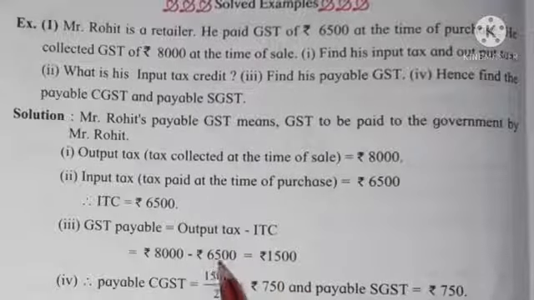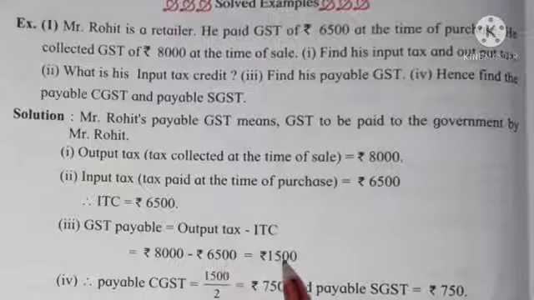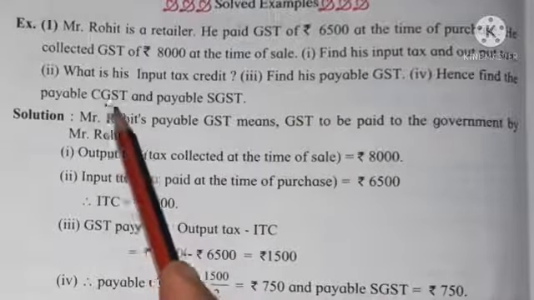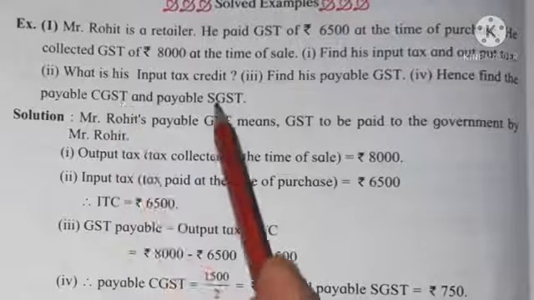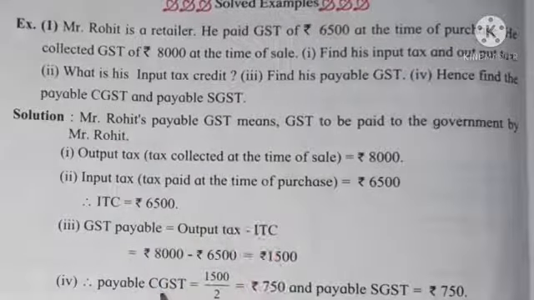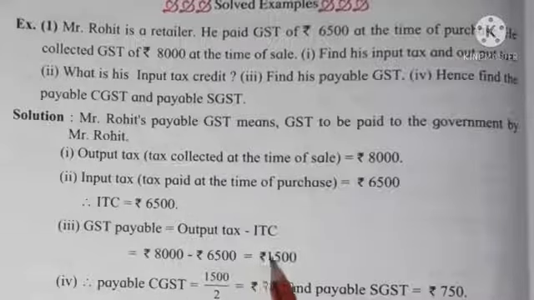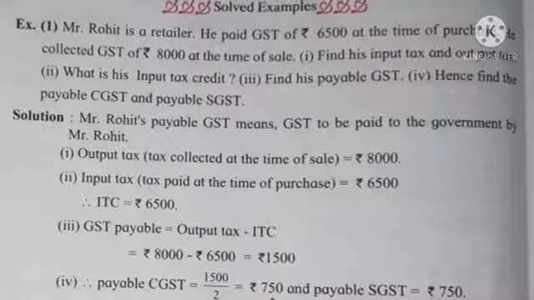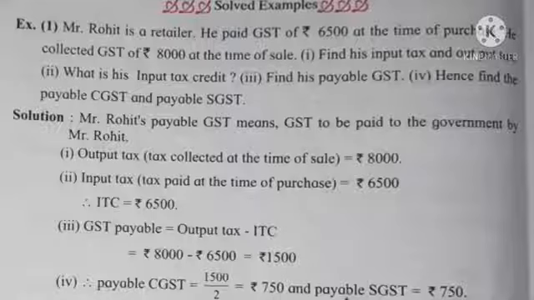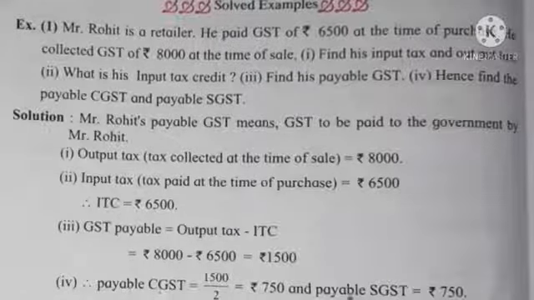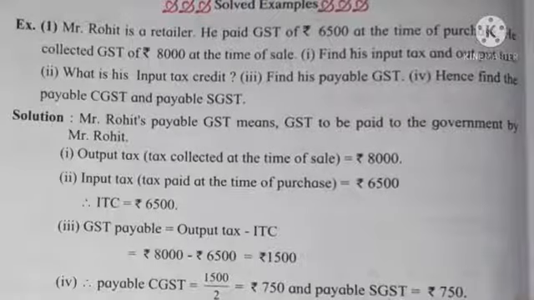Rupees 8,000 minus rupees 6,500 is equal to rupees 1,500. And we have to find payable CGST and SGST. Therefore, payable CGST is half of the GST, rupees 750, and payable SGST is also 750, because CGST and SGST are equal.